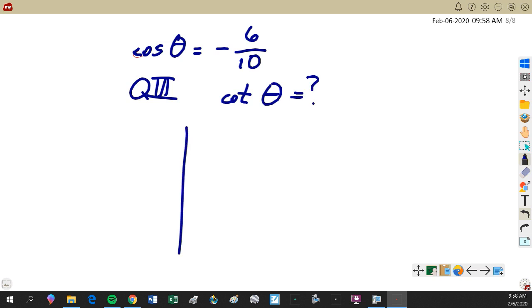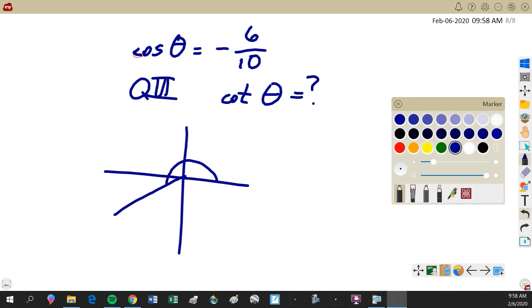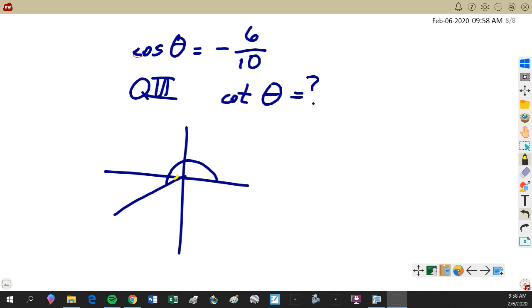So I draw my theta, which lands in quadrant 3, and then I have to build my triangle using the reference angle, and every reference angle triangle always connects to the x-axis. So cosine is a over h. So a is 6 and h is 10. Where does the negative go? Has to go with the 6.